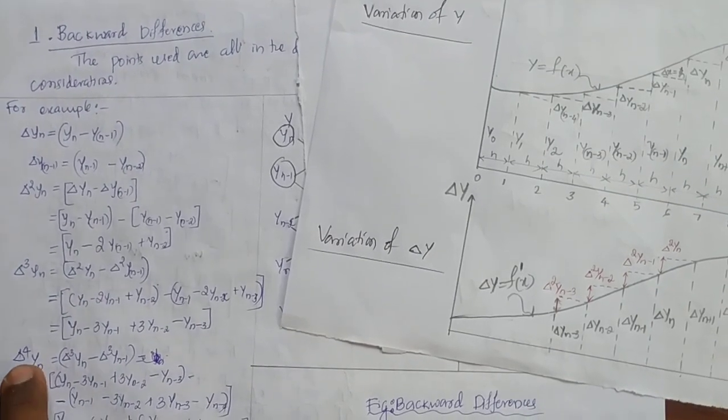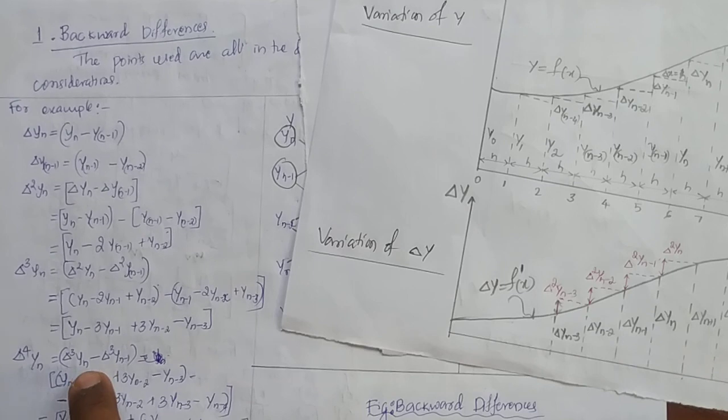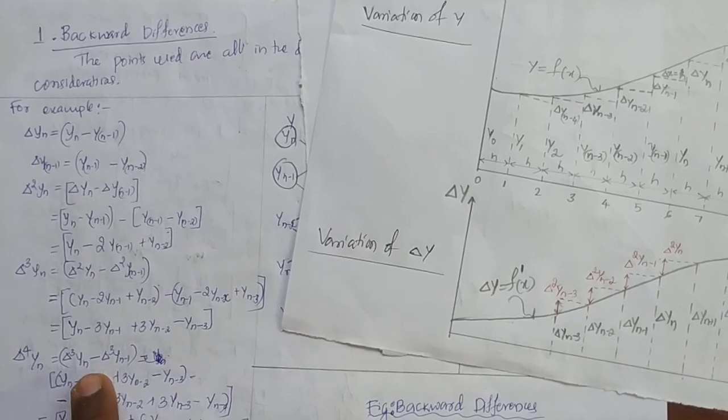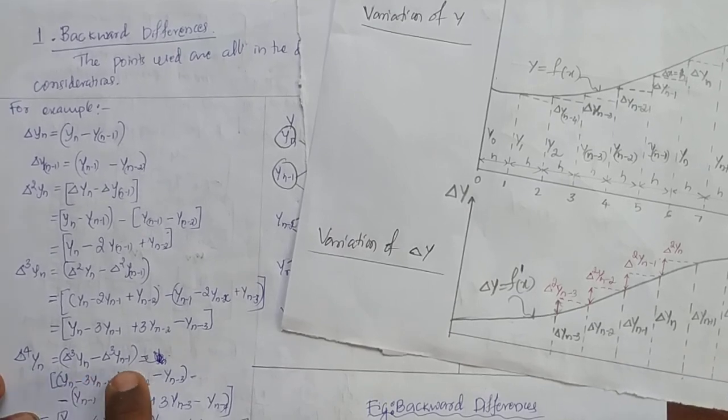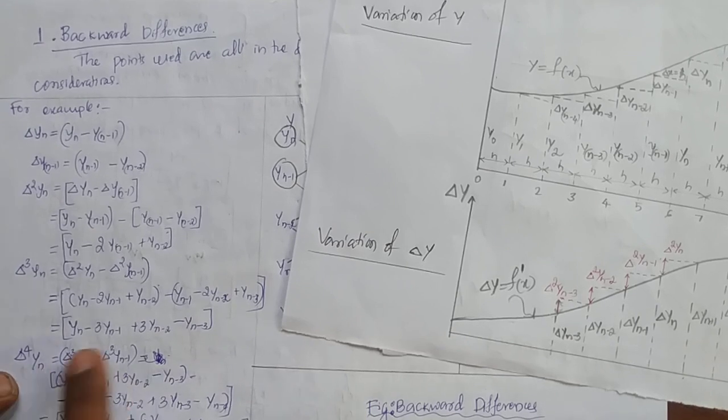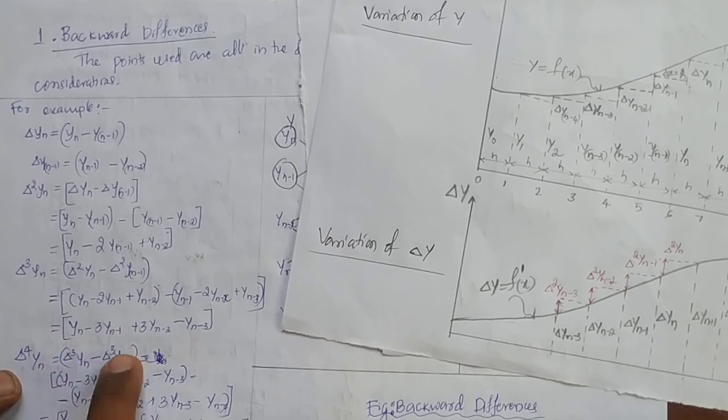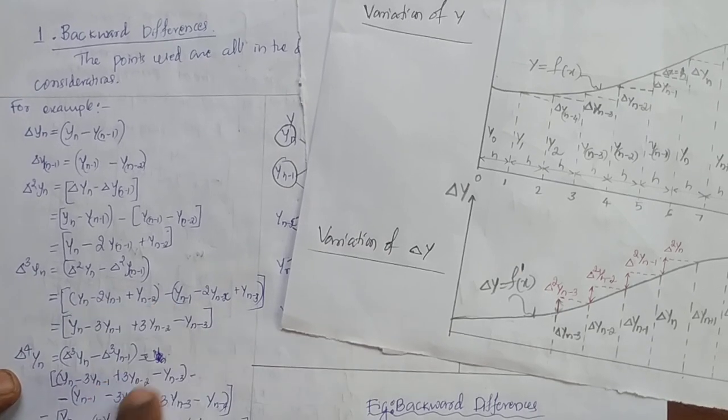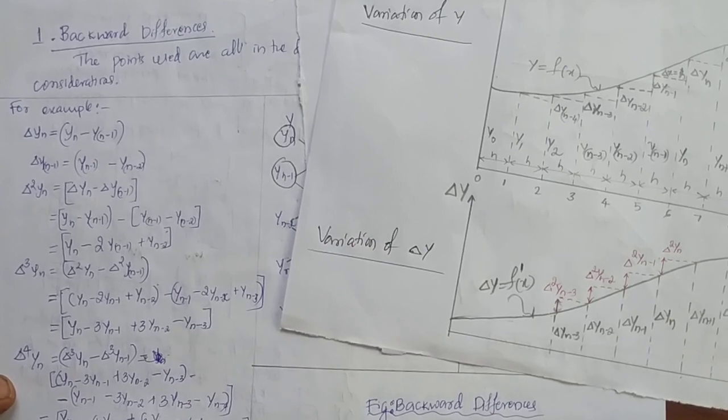And similarly the fourth order difference: delta cube yn minus delta cube yn minus 1 will give you the fourth order difference. So the fourth order difference is equal to the difference of the third order differences, okay. Just substitute these values and go on substituting, you will get the final equation, yn minus 4 yn minus 1, 6 yn minus 2, all these things.